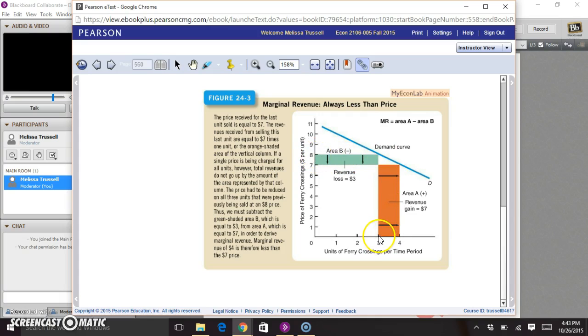So if you want to provide 3 crossings, then you'll charge $8 per crossing, because that's the consumer's willingness to pay for a quantity of 3. Therefore, your total revenue is going to be those 3 crossings times $8 each. So your total revenue is 3 times 8, or $24.